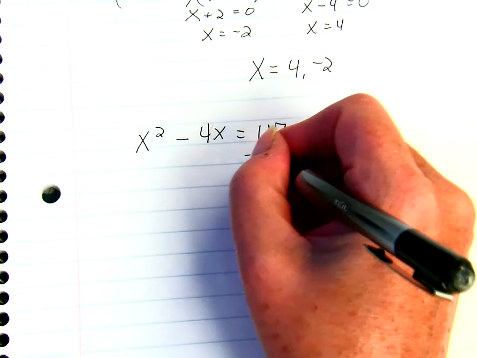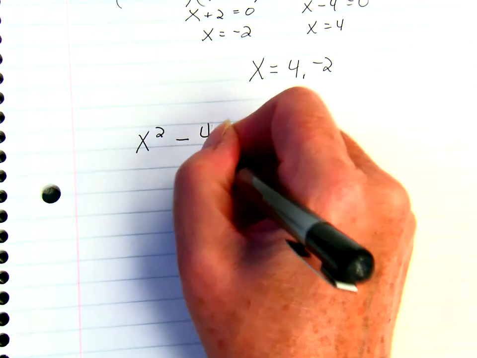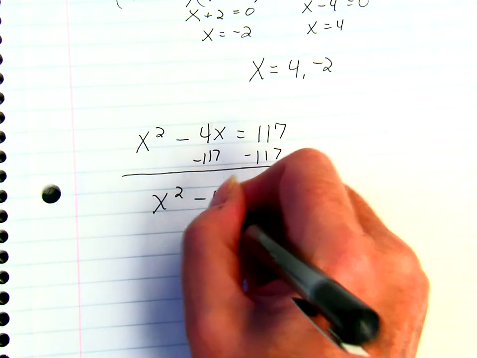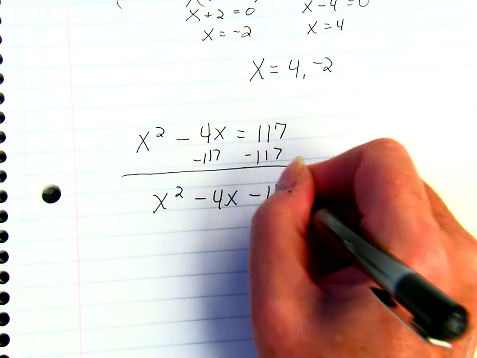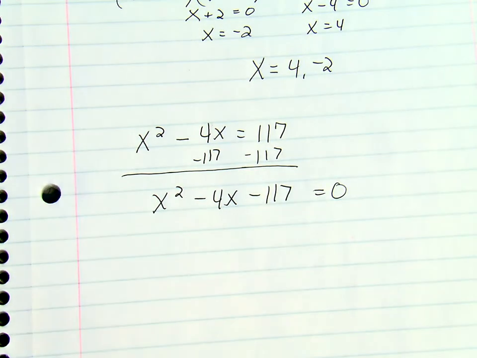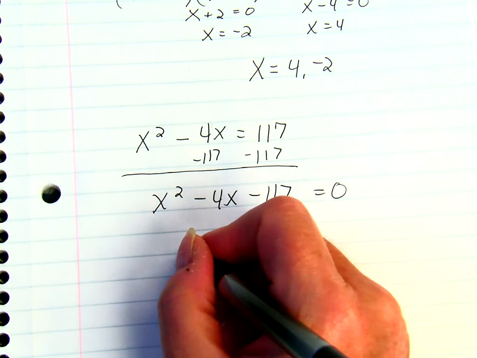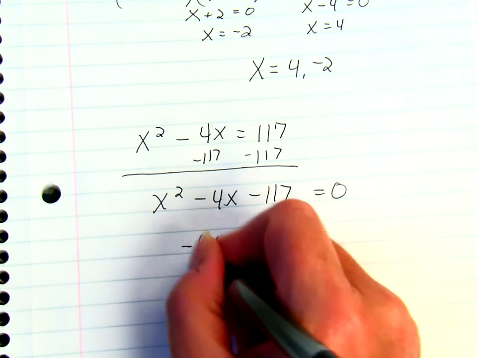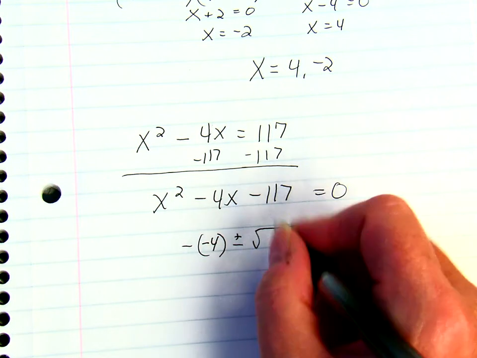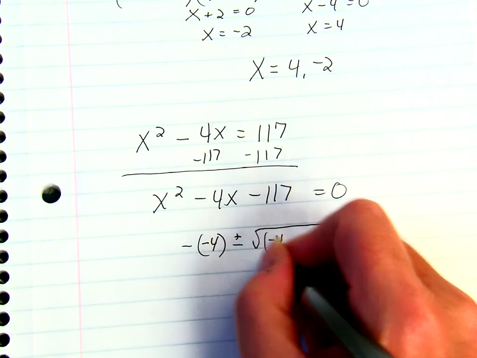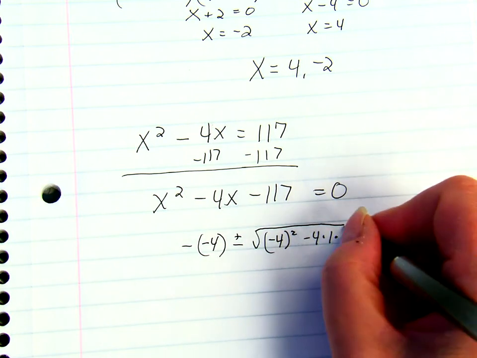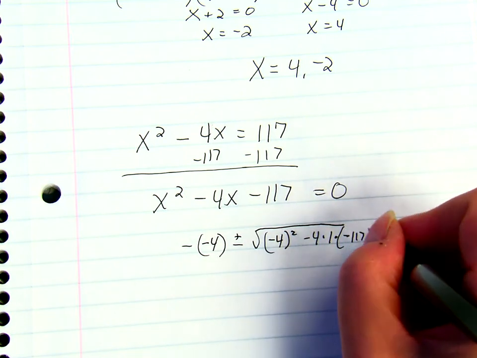Okay, and we're going to, of course, subtract 117 from both sides so that we end up with x squared minus 4x minus 117 equals 0. So we've got negative b, which is negative 4, plus or minus the square root of b squared, negative 4 squared, minus 4 times 1 times negative 117.